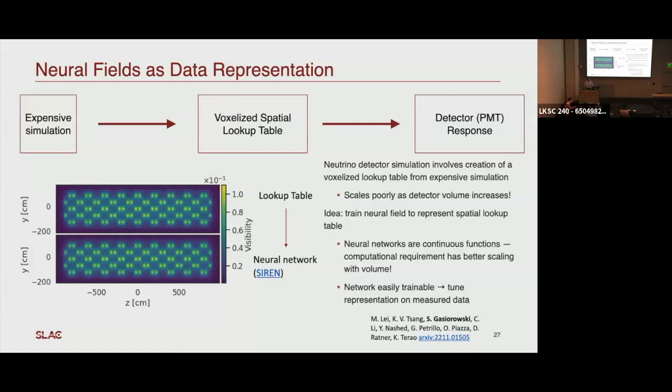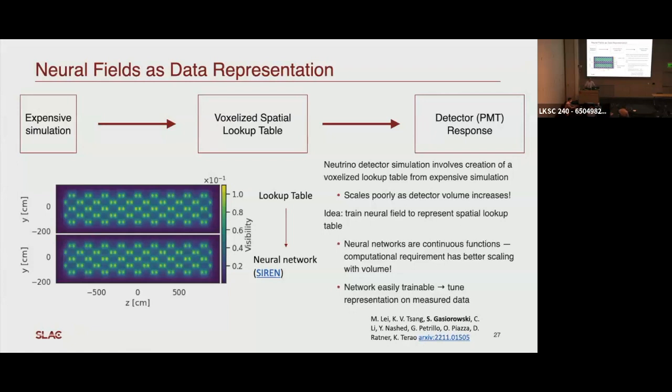And so kind of the motivation is that we want to have something that scales a bit better, that doesn't require an explicit binning of the 3D space. And so the idea that we had was to just train one of these neural fields to represent this spatial lookup table. And yeah, it works fairly well. You see a little comparison between just the lookup table on the top there, and then the trained network is shown on the bottom, just a slice of the detector.